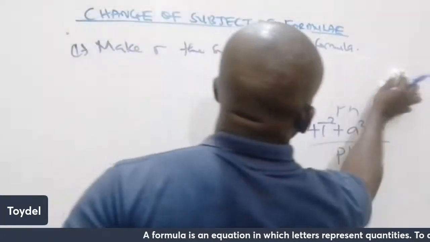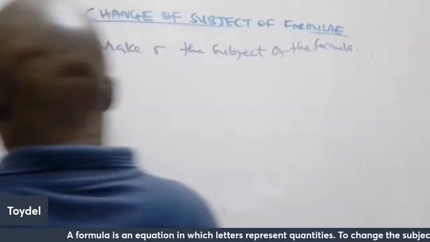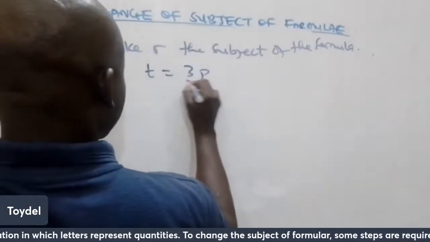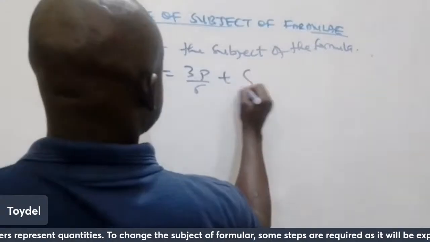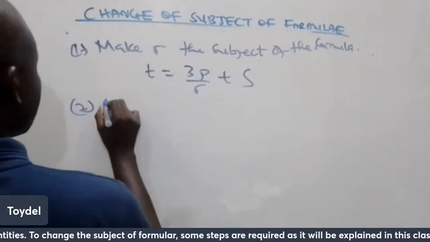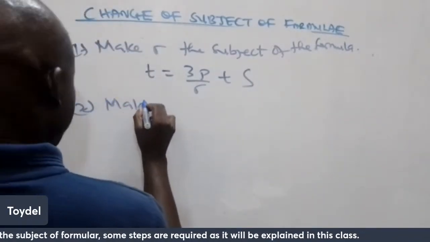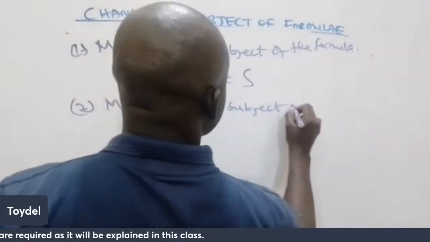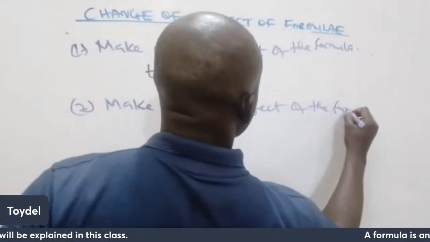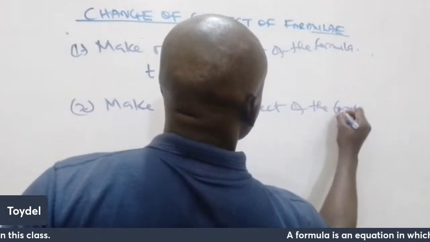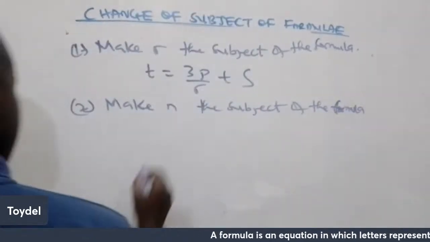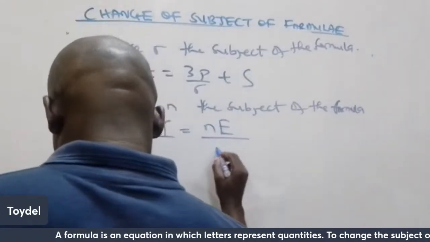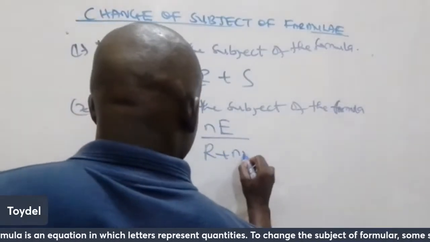The formula is C is equal to 3P all over R plus S. Then the second question, we want to make N the subject of the formula. What we are given is I is equal to NE all over R plus NR.